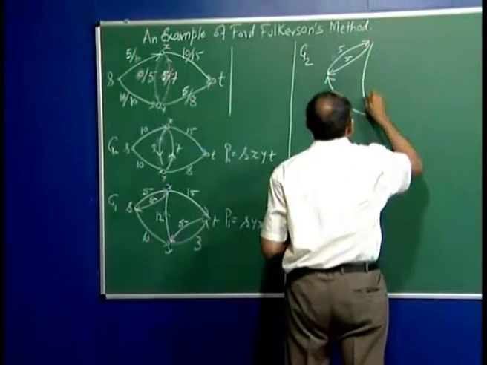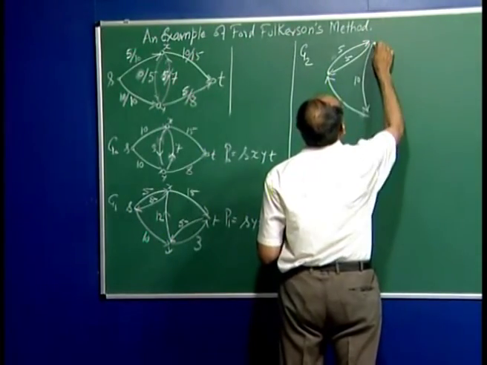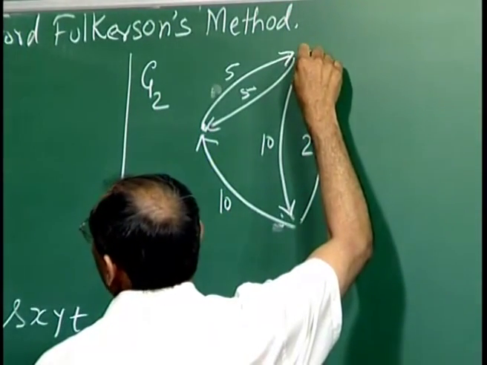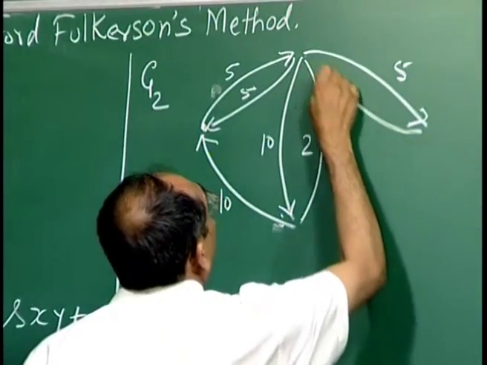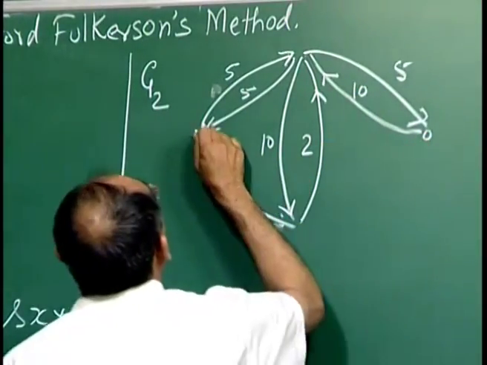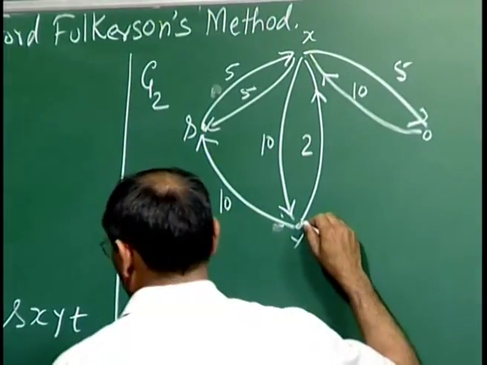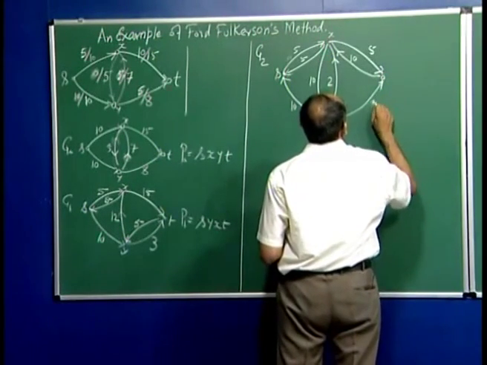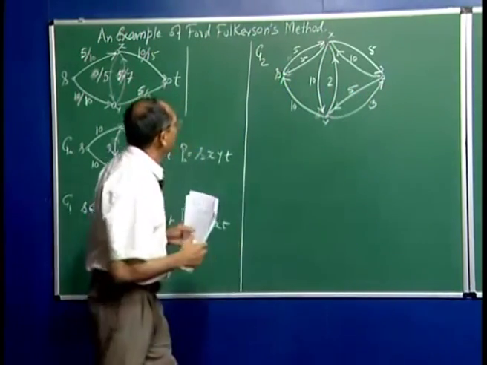So this is 10 and this is 2. Capacity of 5 this way and 10 this way. And we have a capacity of 3 and a capacity of 5 in the reverse direction.